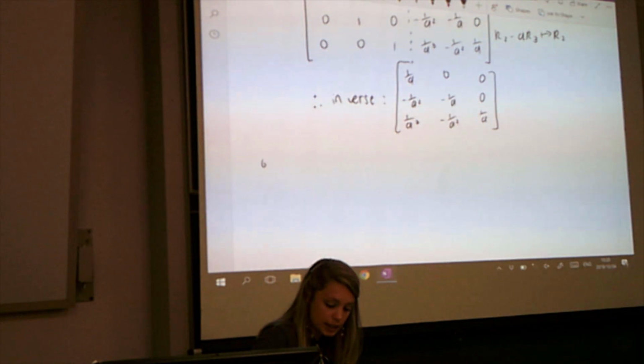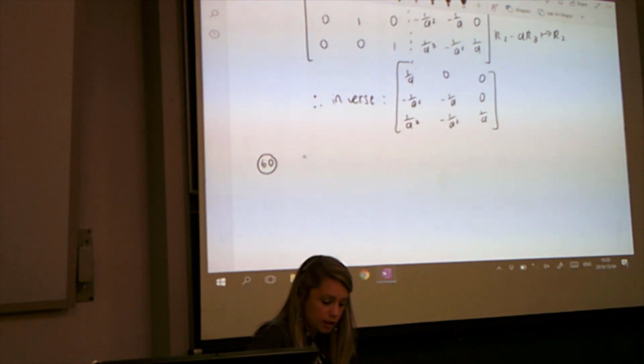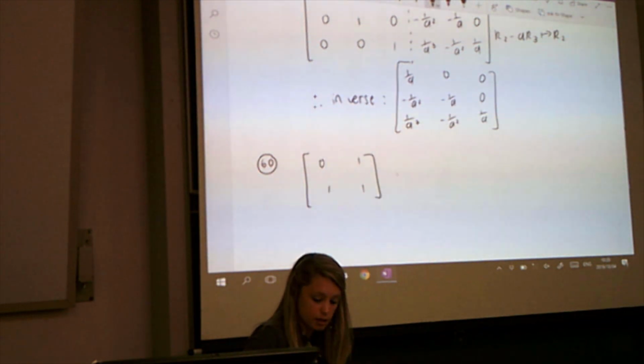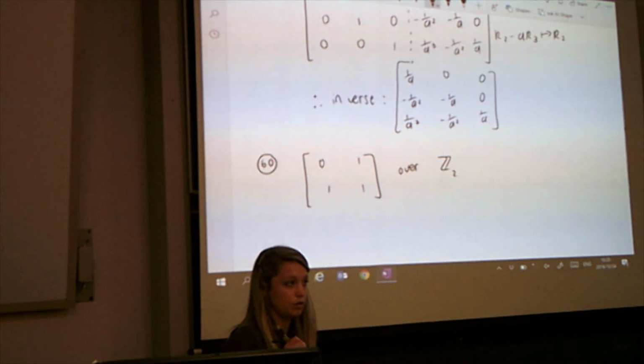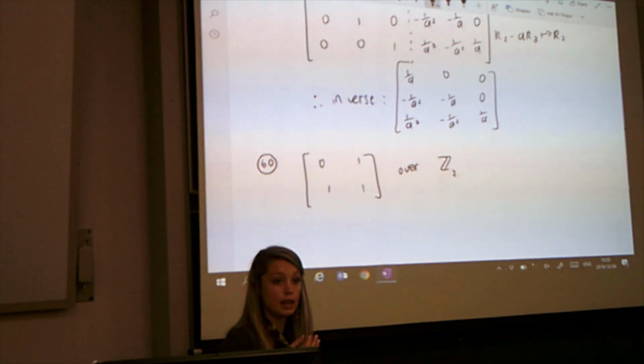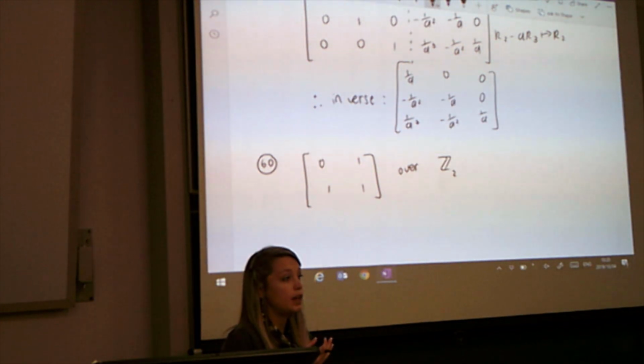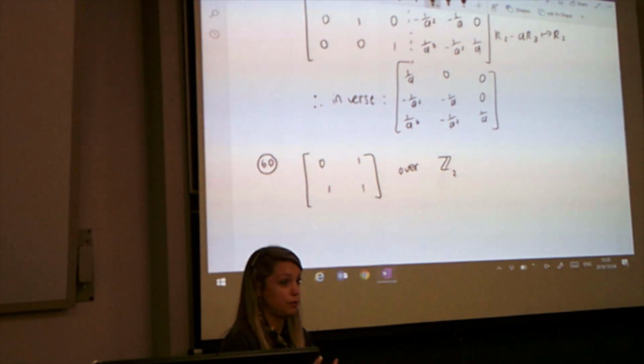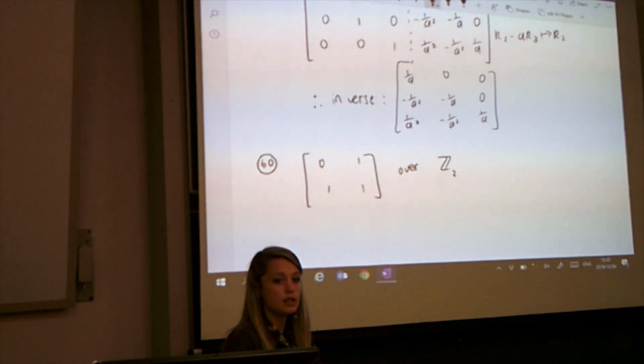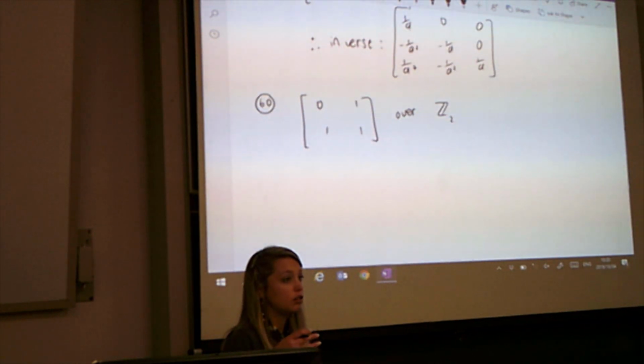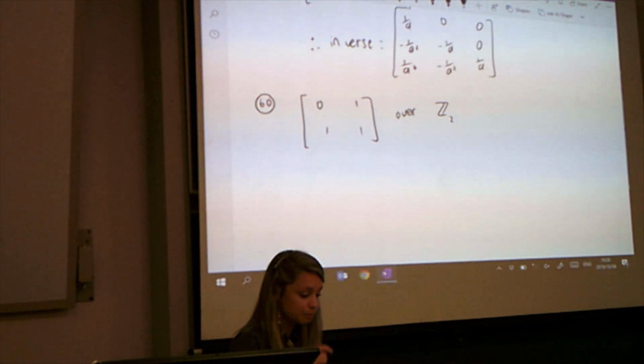But in number 60, they asked us to find the inverse of this over Z2, right? So in Z2, we only have addition and multiplication defined. We don't have subtraction or division defined. So we can get our inverse by only doing addition and multiplication.